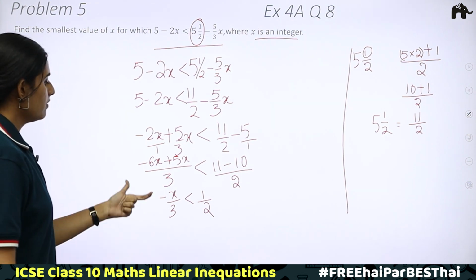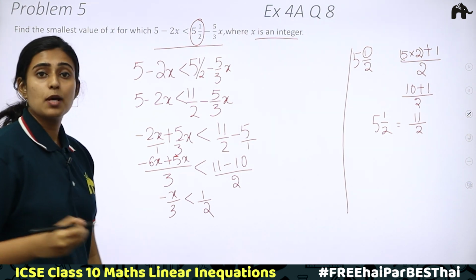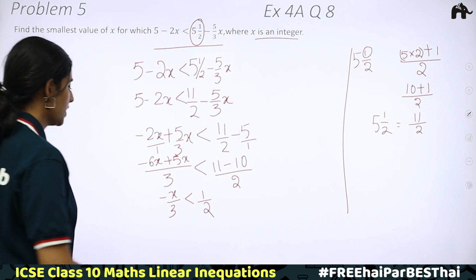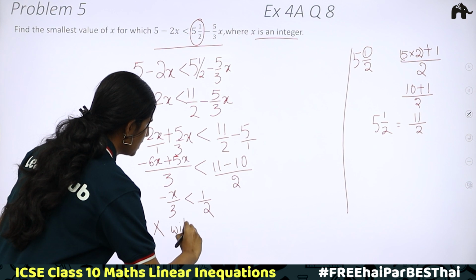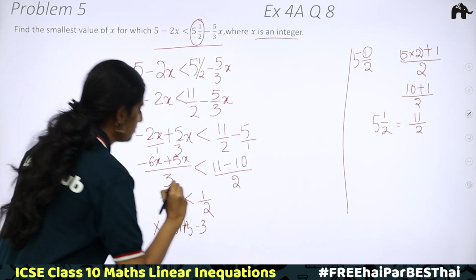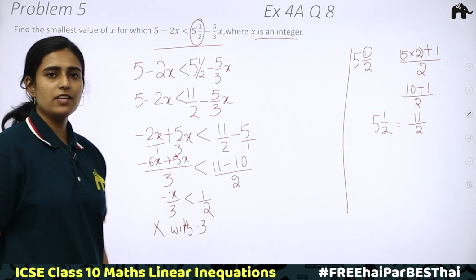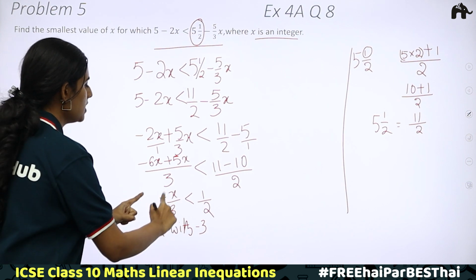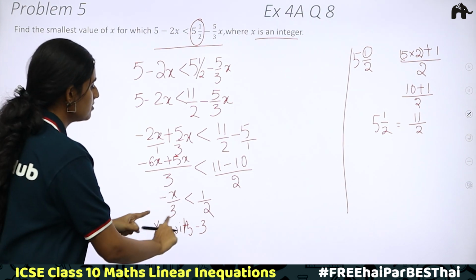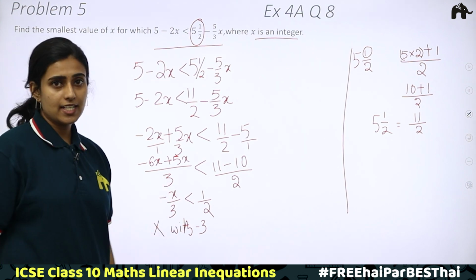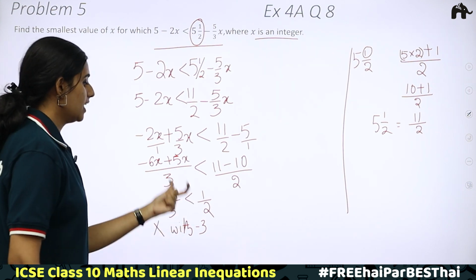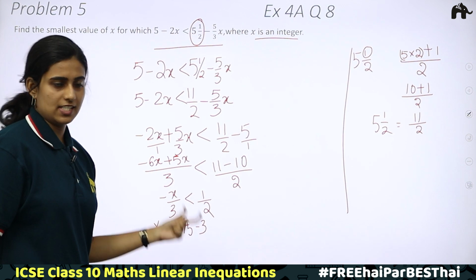Next step, we can multiply with minus 3 on both sides. Multiplying with minus 3. Why am I multiplying with minus 3? I need to remove this negative sign and the 3 from here. Yes? When you multiply with a negative number, the inequality reverses.